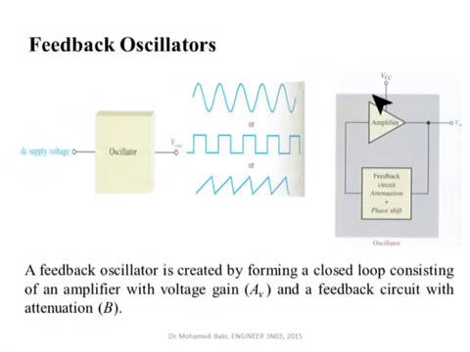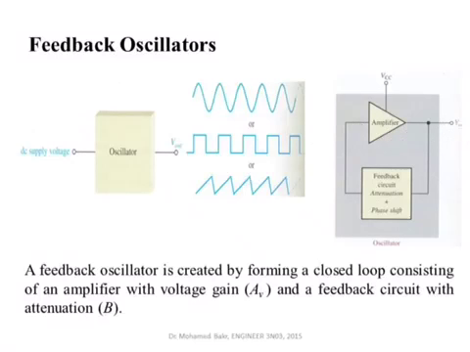So if this amplifier gives a gain of 100, the output from this amplifier will be 100 times the input. If this feedback network creates an attenuation of 1 over 100, then the output will be attenuated again to the same value at the input, and then gives you the same input signal, which in turn will create the same output signal.